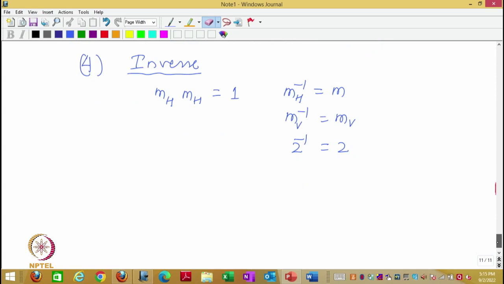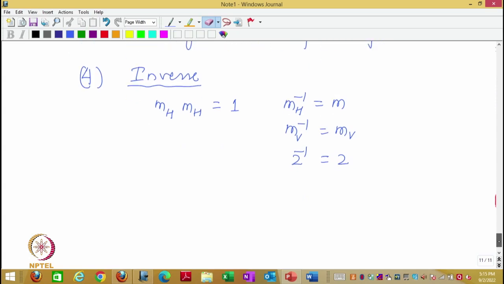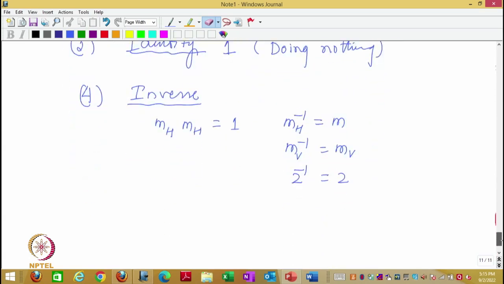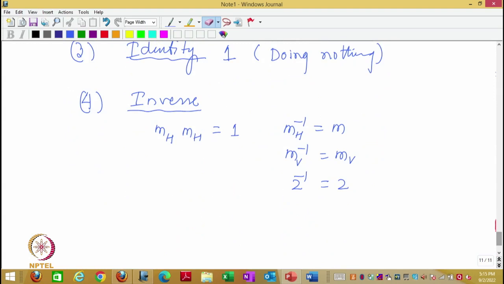Now, inverses are there, identity is there, but we have not yet ensured whether the products are there, all combinations should also be there.